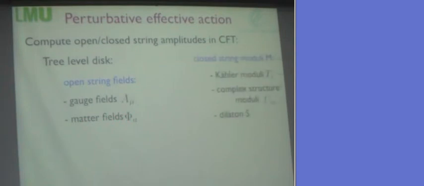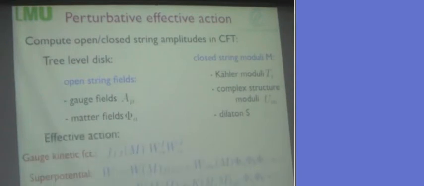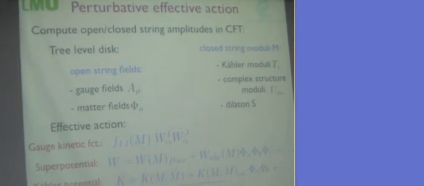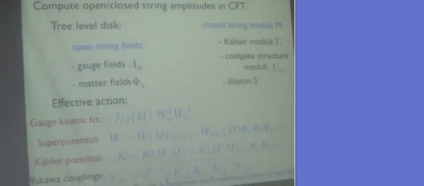In the closed string sector, we have essentially the moduli, the Kähler moduli denoted by T_i, the complex structure moduli denoted by U, and also the dilaton field S. So you compute the string amplitudes, and at the end you want to get out the effective action.